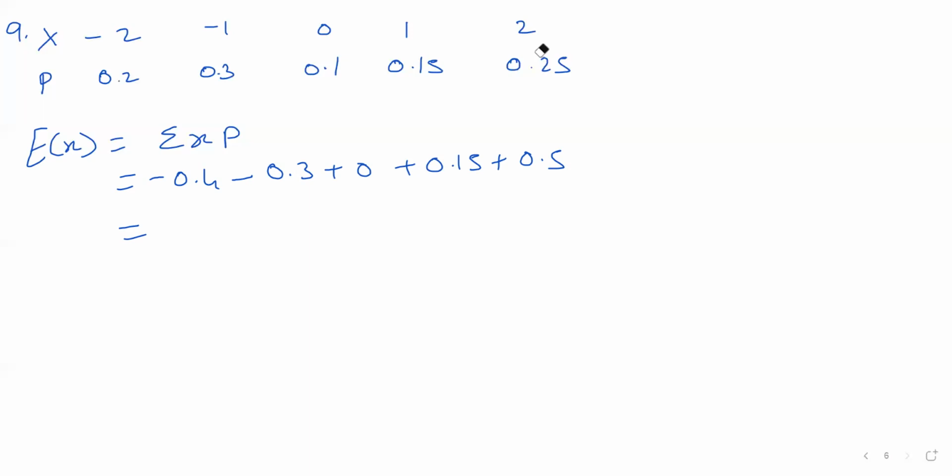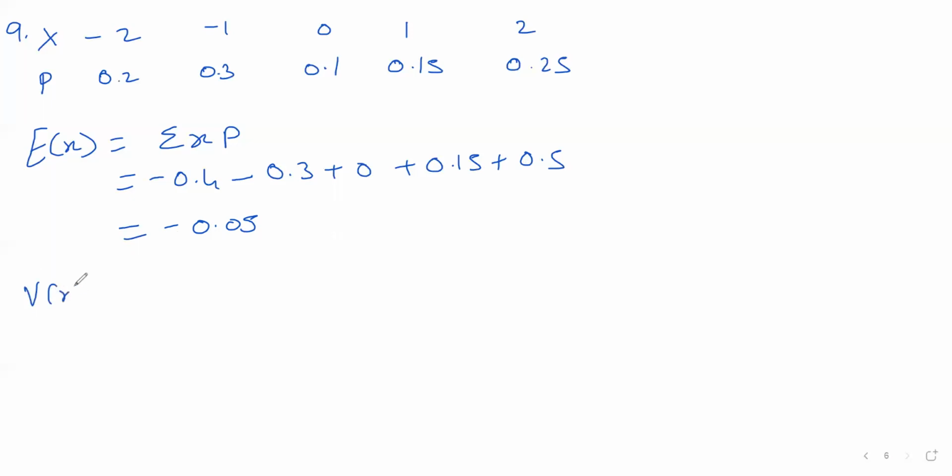This will become minus 0.05, because it is 0.7 minus 0.65. So this will become minus 0.05. This is E of x. Now they have asked us to find out the expected value and variance. This is the expected value.